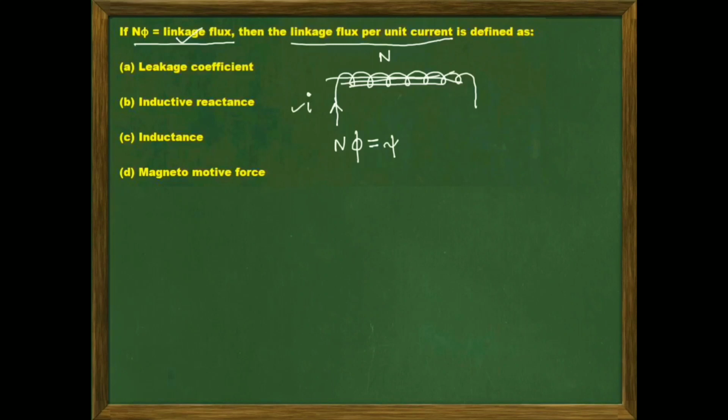This is proportional to current. Why? Because current is the cause, current produces that magnetic field, that's why it is directly proportional to i. Now n phi equals some proportionality constant into i. This proportionality constant is called self inductance.